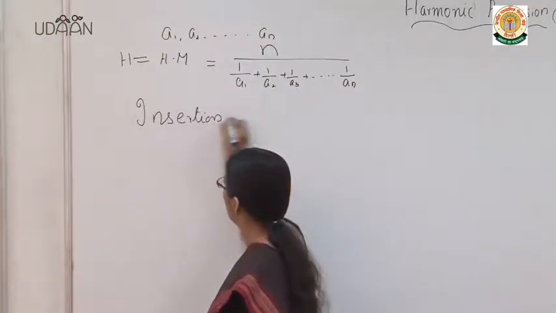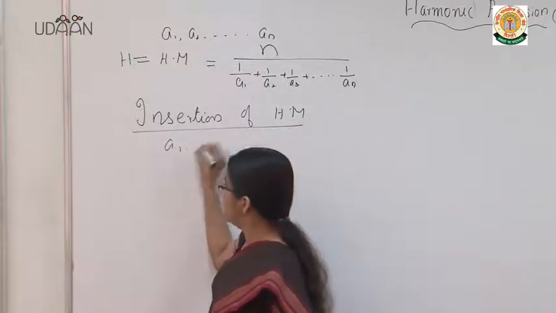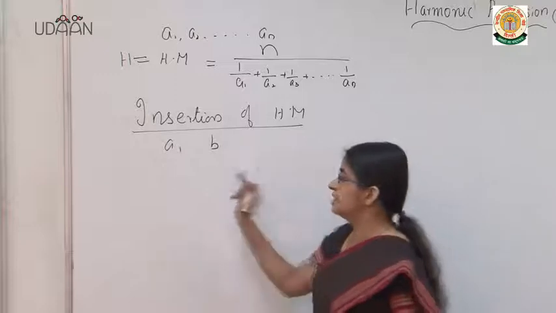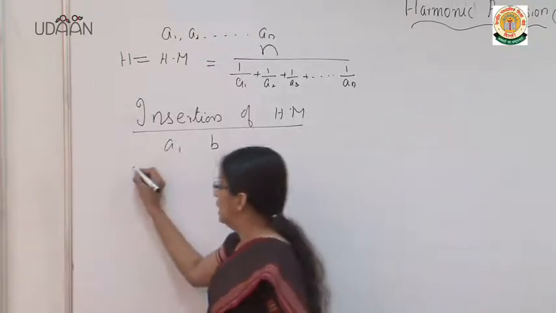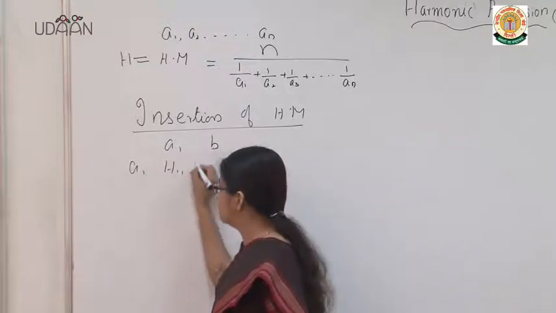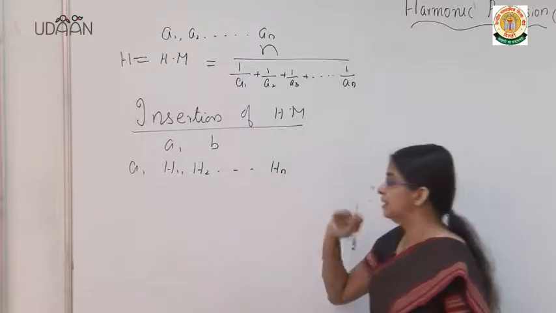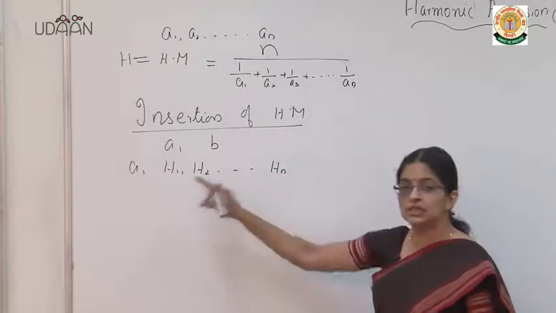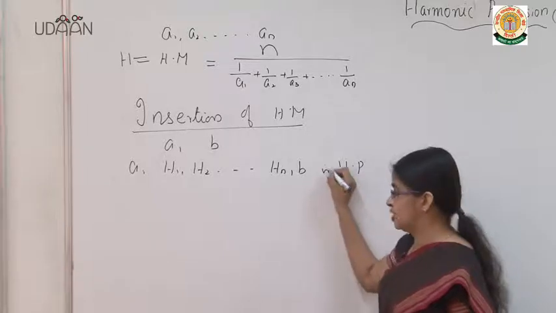Insertion of harmonic means. Two numbers A and B are given and we are going to insert n harmonic means between these two numbers. Let H1, H2, etc., Hn be the harmonic means. Then these harmonic means together with A and B form a harmonic progression.